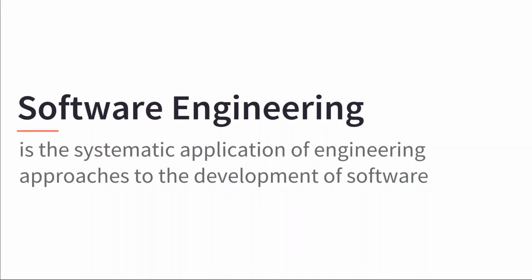But let's define what software engineering is, and this is the more boring version of it. Software engineering is the systematic application of engineering approaches to the development of software. So what does that mean? Effectively, we went from being bedroom programmers, everybody to themselves, trying to build software on an individual basis, to becoming a lot more systematic, a lot more process-oriented.